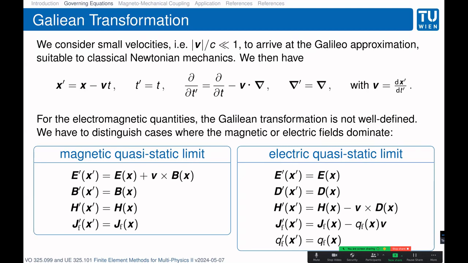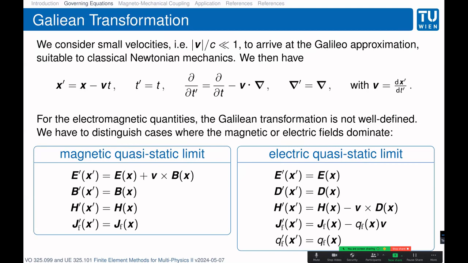One thing important to know when we are dealing with electromagnetics now is that the Galilean transform can deliver two sets of equations. However, they're not both valid at the same time. One is valid for the magnetic quasi-static limit, where magnetic fields are more important, and the other one is valid for the electric quasi-static limit, where the electric fields are more important.